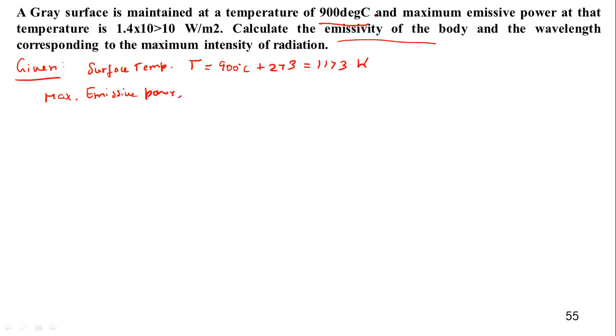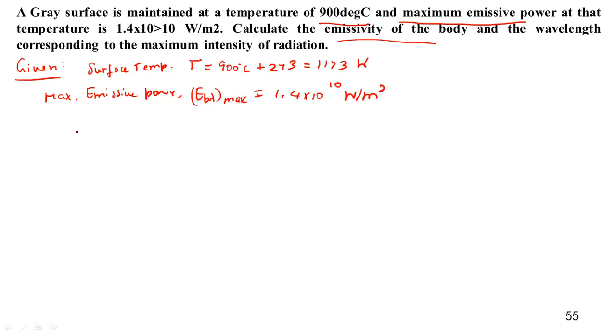That is E_b. Notations are very important. E_b alone denotes the total emissive power, but in this problem we are given the maximum emissive power, 1.4 into 10 power 10 watt per meter square.